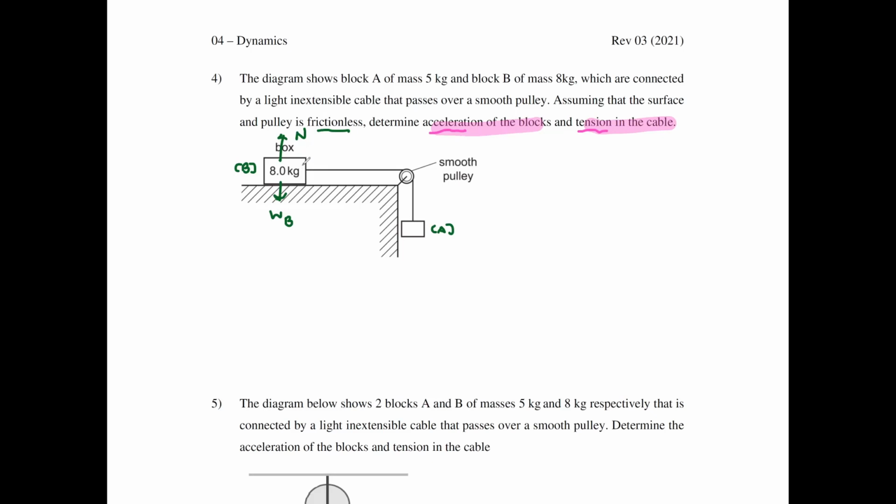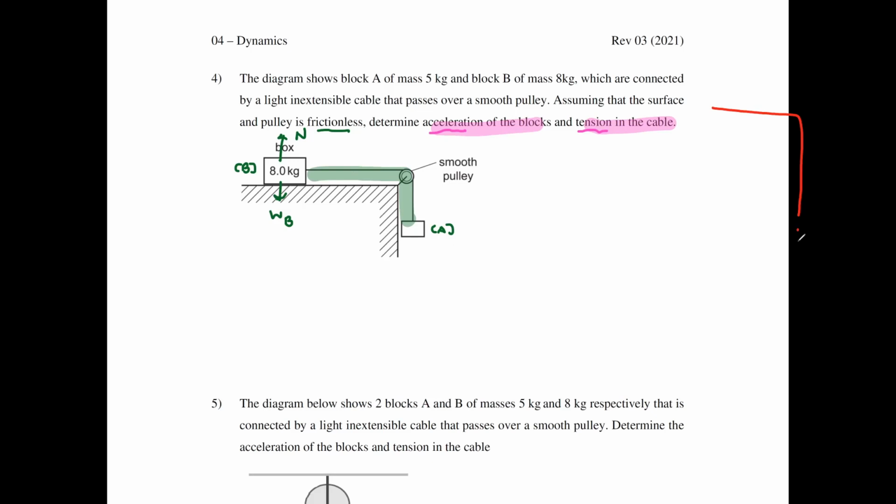Now, this block is connected to a cable, this cable here. The cable itself will exert a force onto the box. If you just consider the cable, because this block is moving down while this block is resting on the table, it's actually trying to extend the cable.